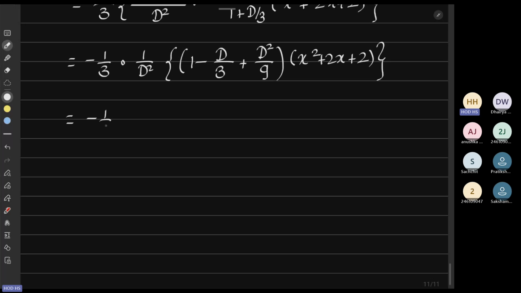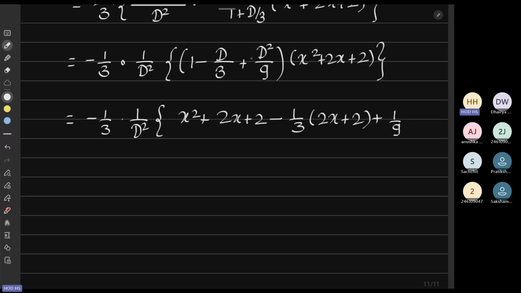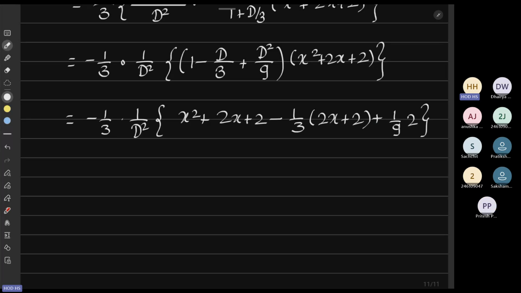So this can be written as 1 by 3 into D squared into 1 times this expression is x squared plus 2x plus 2, minus 1 by 3 differentiation of this expression is 2x plus 2, and minus plus 1 by 9 of twice differentiation is 2.